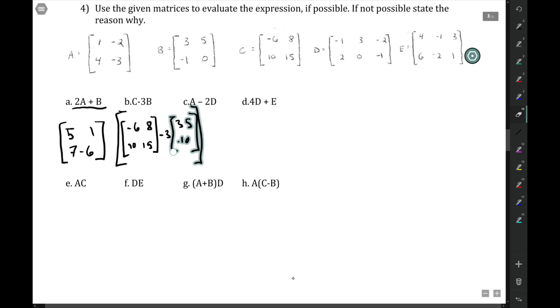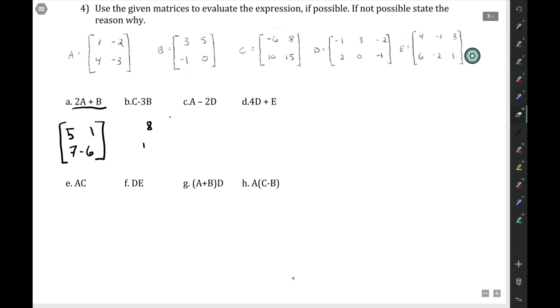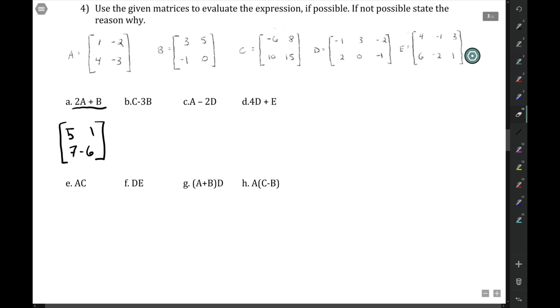But really, you get the answer of simply -15, -7, 13, 15. So pretty similar, name of the game.